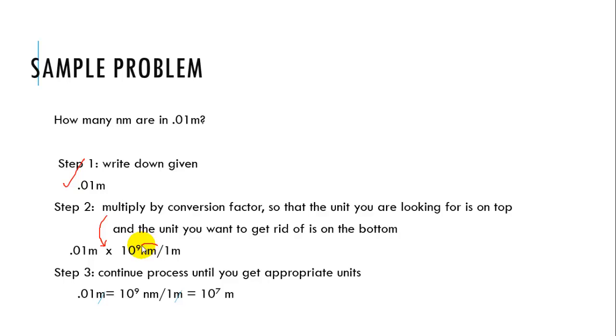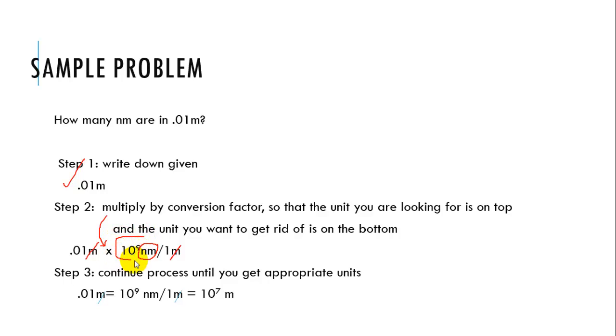You want your answer in nanometers, so I put nanometers on top. I put meters on the bottom so that the meters cancel out. Whatever you want to cancel out goes on the bottom. The unit you're looking for is on the top. And that's the essence of factor label.